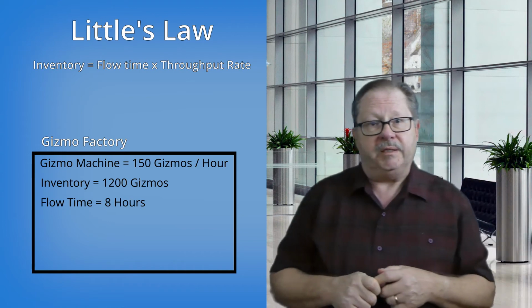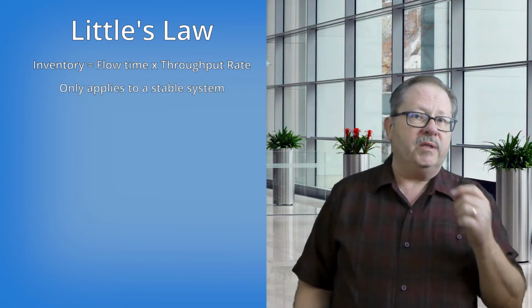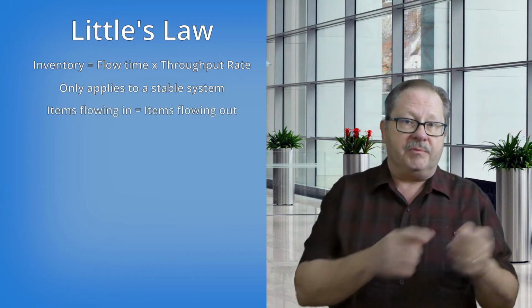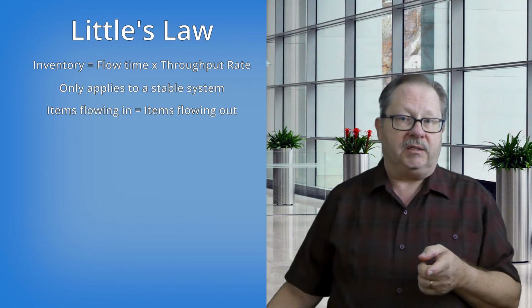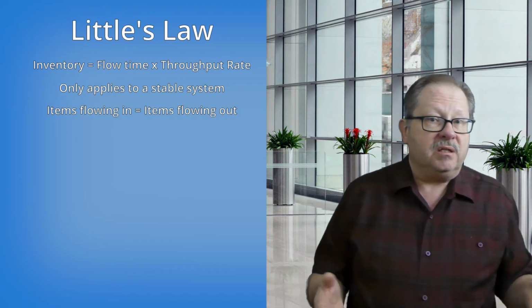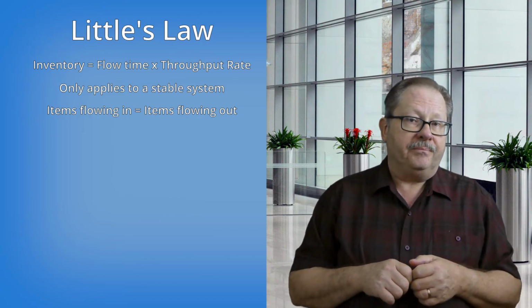Well, quite possibly. Little's Law depends on a stable system. What that means is that the number of items that come into a system is equal to the number of items flowing out of it. It also means that the inventory is stable over the long term.